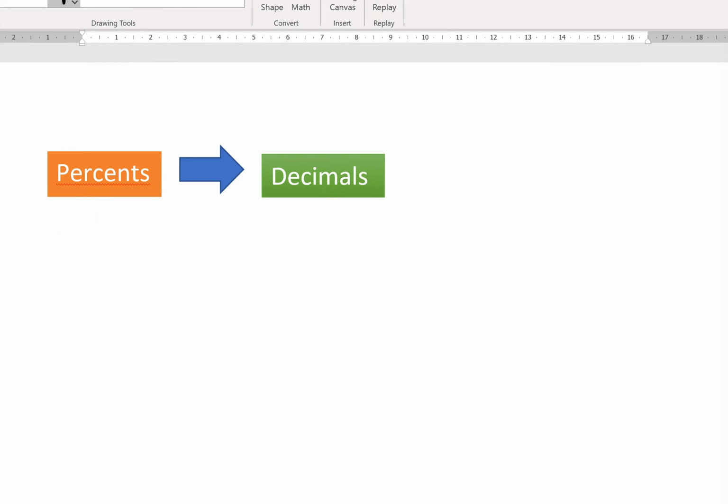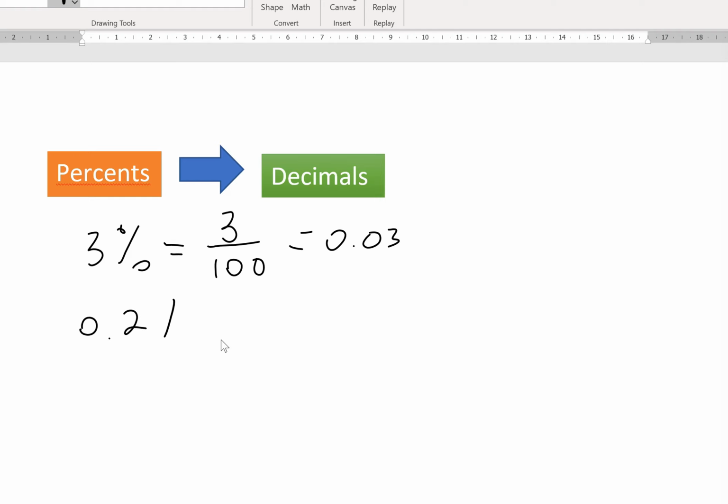For example, if you have 3%, remember what the percent sign means. It means 3 over 100. In other words, you have to divide this number, 3 in our case, by 100. That would be 0.03. Another example, what if we have 0.2%?